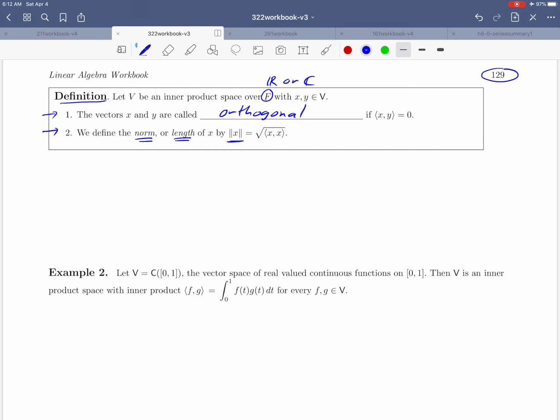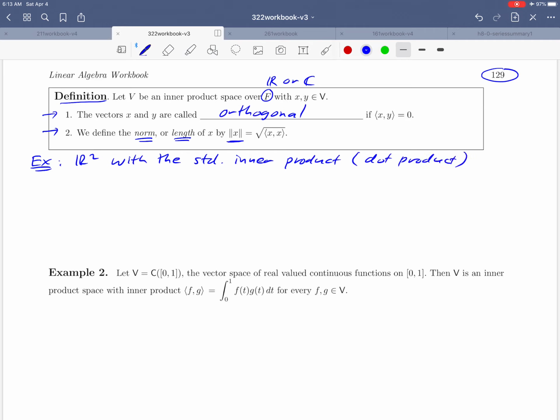Okay, now, just to give you an idea of why we might make those definitions, let's look at a familiar example here. R2 with the standard inner product. Remember again, that's just the dot product.